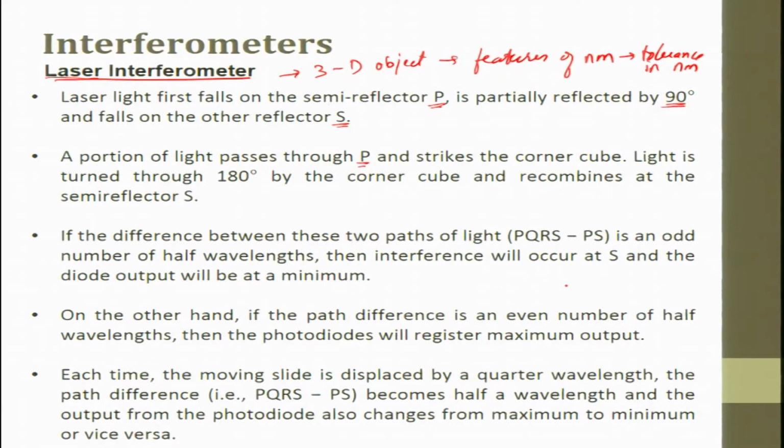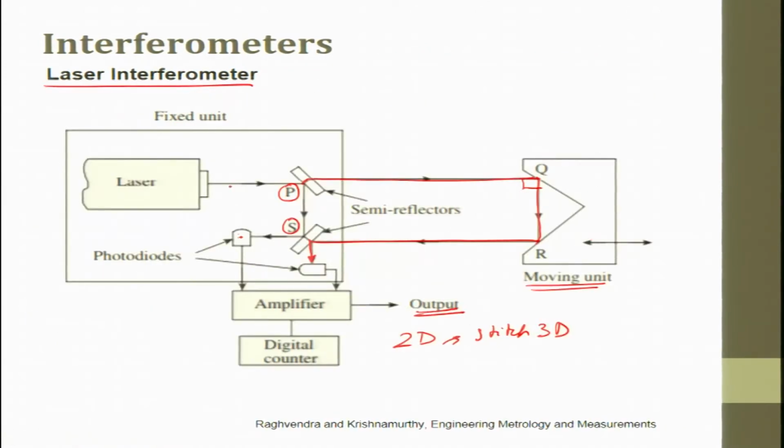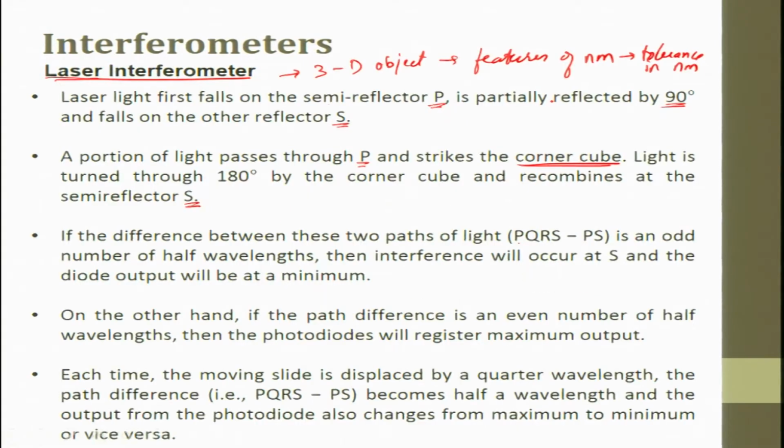So, the moving unit is called a corner cube, and the light returns from the corner cube and recombines at the semi reflector S. If the difference between the two paths, PQRS minus PS, is an odd number of half wavelengths, then interference will occur at S and the diode output will be minimum.